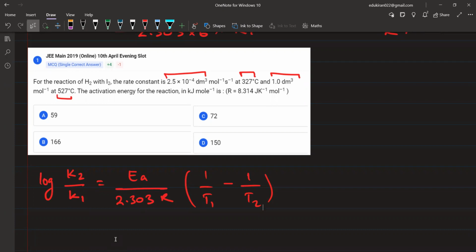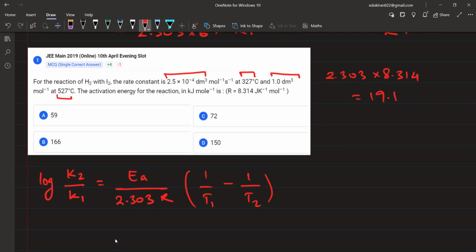See, the values here are very far away. So you can take approximations. One approximation that I always tell guys is 2.303 into 8.314. This is equal to 19.1. Okay, sir. Okay.